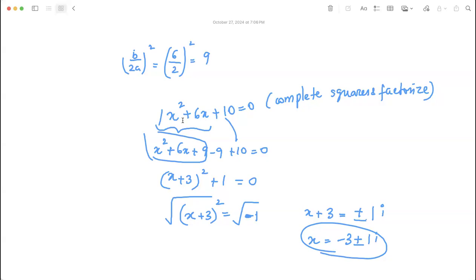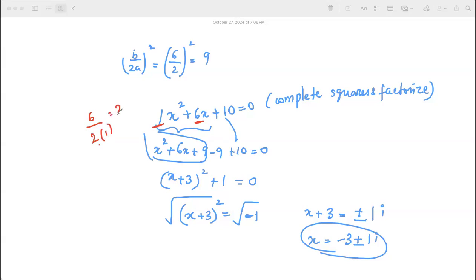Two 9s. Okay. You always group the x square and the x term. After that, I want to make it into a square term, right? So you have to find b by 2a the whole square. What is b by 2a? This is b, I'll show you. This is b by 2a, 2 times the coefficient of x square, 1.